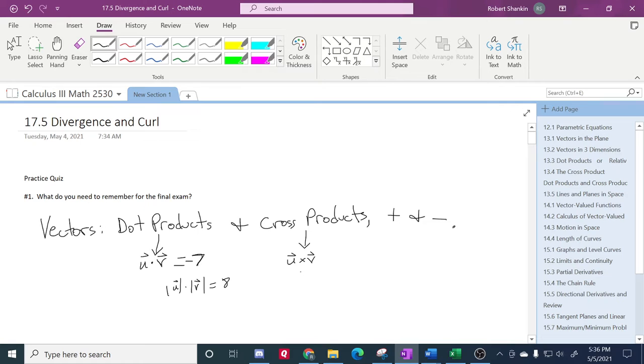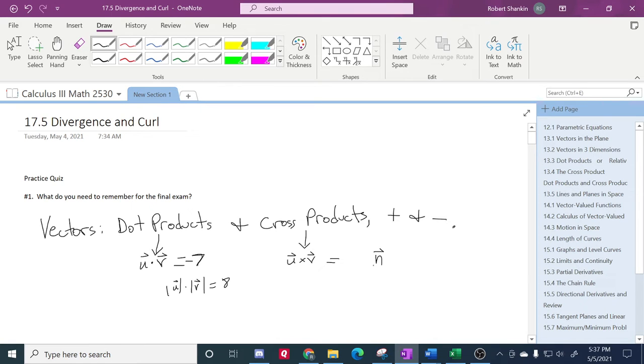Okay. And it has to do with torque for the cross product. And what direction is the vector in? You get a vector that's a result of this. It's going to be perpendicular to u and v. And one more thing about that.